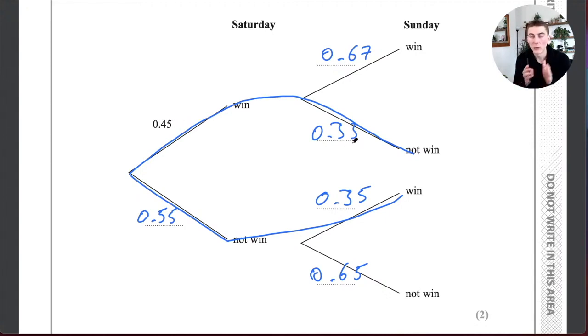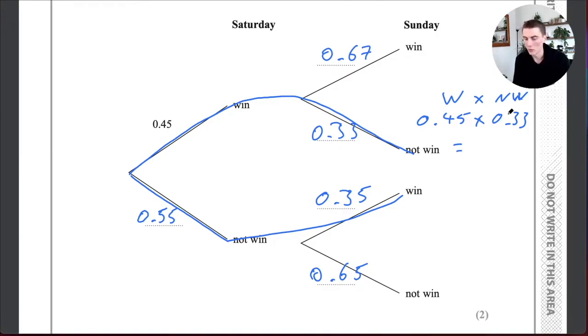And when 2 things have to happen sequentially like this, so in probability, when one thing and another thing have to happen, both one after the other, then you multiply together the probabilities. So we do the 0.45 times 0.33. And if you want, you can represent this as a win times a not win. Sometimes it's helpful to put it in letters. And let me just put that in the calculator.